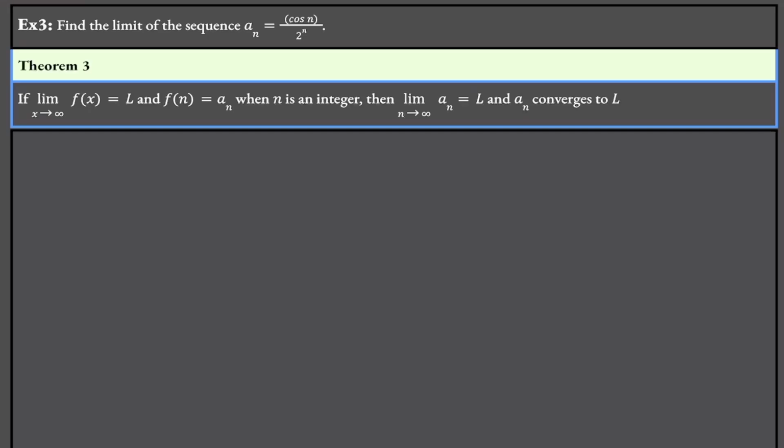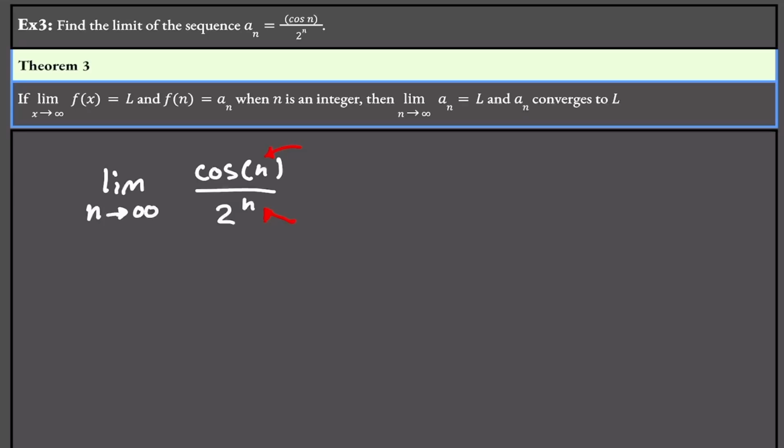So let's write our given sequence as the limit as n approaches infinity of cosine of n divided by 2^n. Let's start talking about what happens when we plug in infinity for these variables of n here. Let's take a look at the numerator first, which is cosine of n.